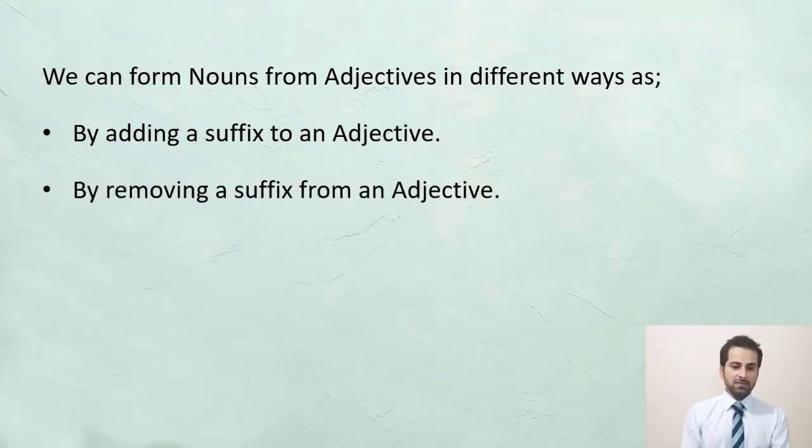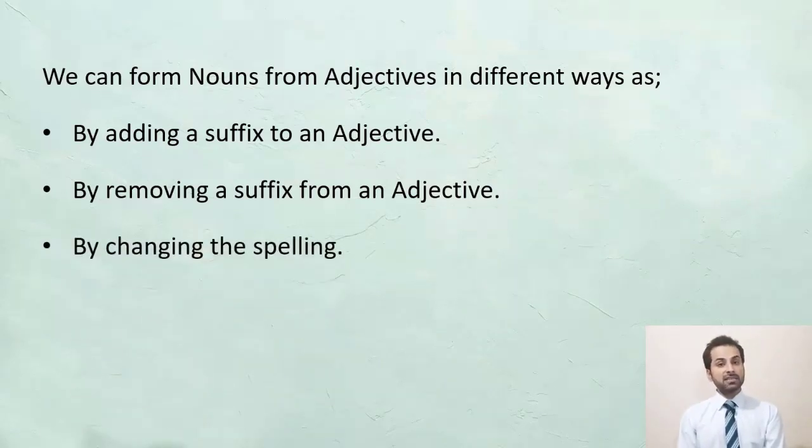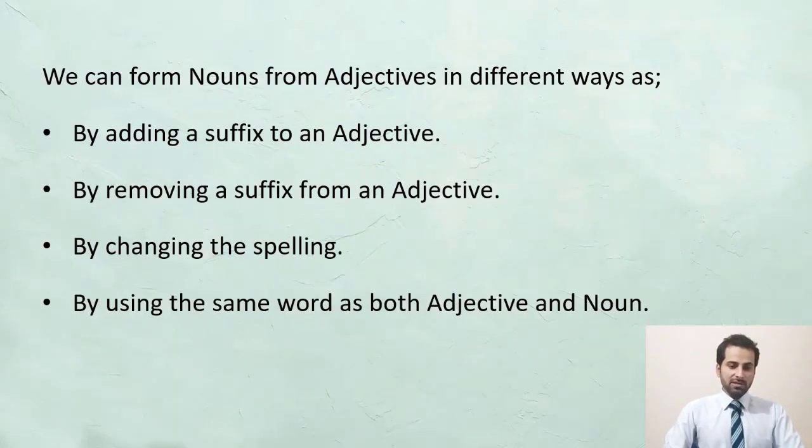By removing a suffix from an adjective, for example, famous. Famous is an adjective, and if we eliminate OUS, it becomes fame. By changing the spelling, we have different adjectives in which we can change the spelling to make nouns, and by using the same word as both adjective and noun, like diamond. Diamond is a noun, but it can also be used as an adjective, like diamond ring.